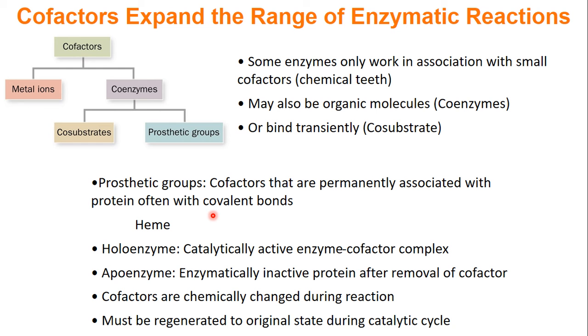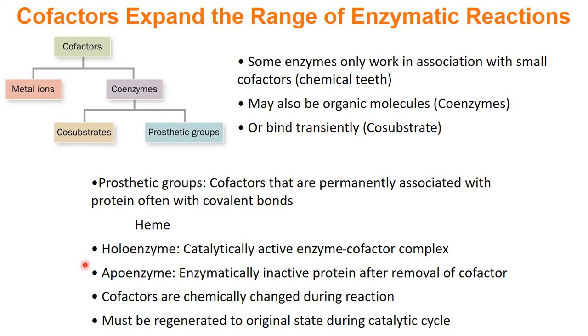We can think of heme. The heme is never going to be detached from your hemoglobin. It's there covalently. While a co-substrate can bind and then it can leave. That's another way we can control this enzyme's ability to do its chemistry. If we don't allow it to get the co-substrate, then we are preventing the reaction from happening.